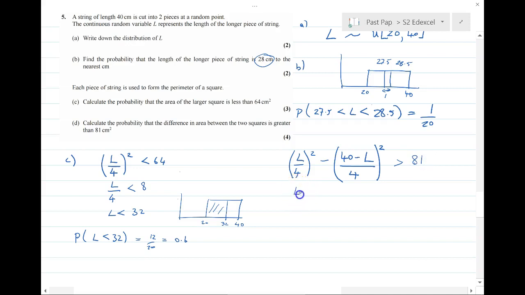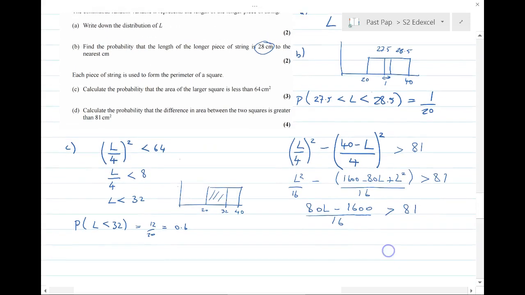So I'm going to square that out. L squared over 16, take away (1600 minus 80L plus L squared) over 16 is greater than 81. So obviously L squared cancels, and when we remove that bracket, we're going to end up with (80L minus 1600) over 16 is greater than 81.